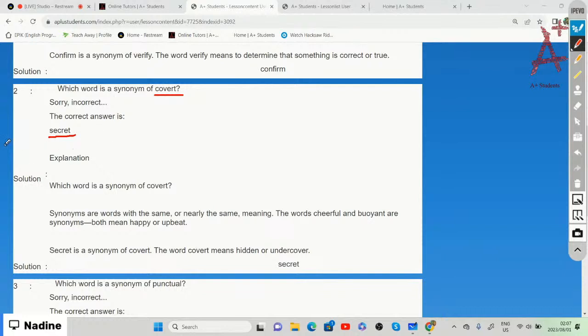Remember also with a secret, you need to hide it. You cannot tell anybody else because that is a secret. And the same with covered, which means hidden or under cover.